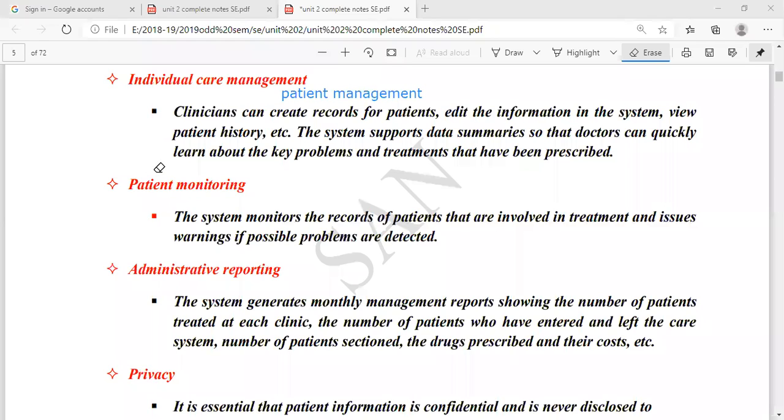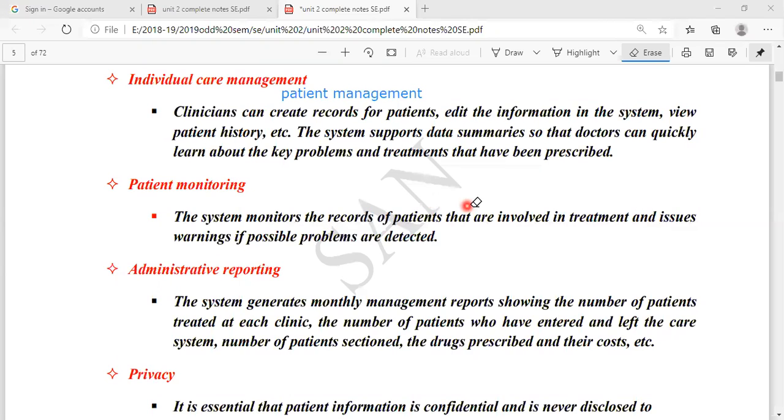Next is patient monitoring. So what is patient monitoring going to do here? The system monitors the records of patients that are involved in treatment and issues warnings if possible problems are detected. Monitoring is all about taking care of a patient. How do you take care of a patient?